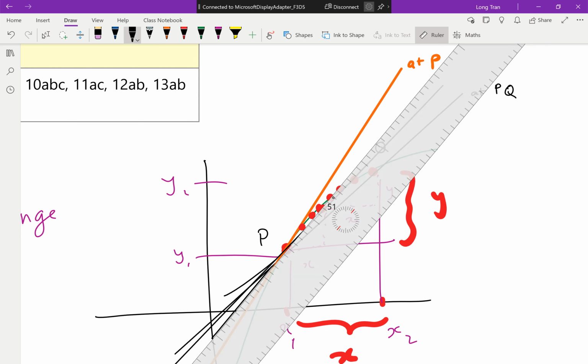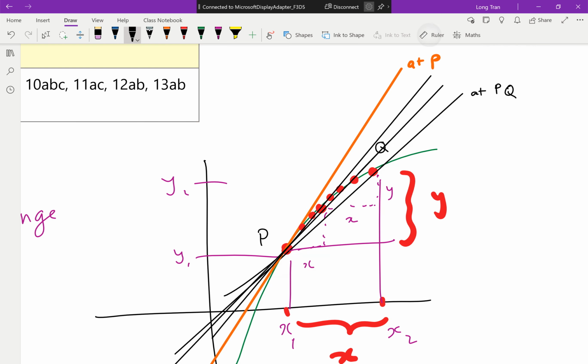What you should start to see is that I started here. That's my gradient. But as I'm moving the dots closer and closer, and I connect P to that Q, P to the next Q, P to the next Q, what's happening is the gradient is getting closer and closer to the actual gradient I want. True?